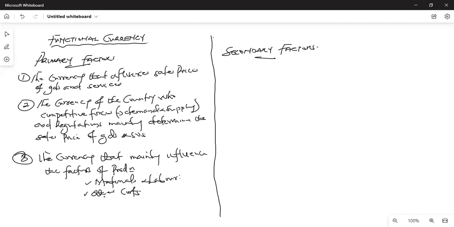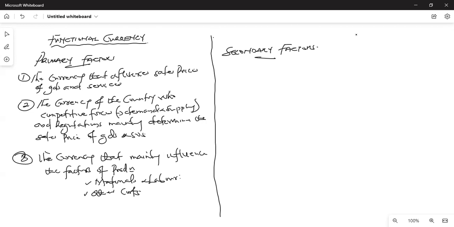All right, so if you want to determine the functional currency, we said look at these primary factors, the factors of labor or factors of production. Also look at the country whose competitive forces are determining demand and supply, and the currency that influences this.